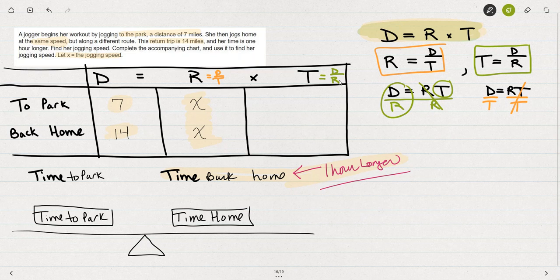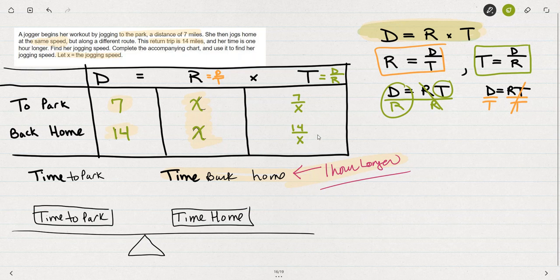Using that, we can calculate that time is this distance 7 divided by rate x, or this distance 14 divided by the rate x. So I can fill in the chart with these times.